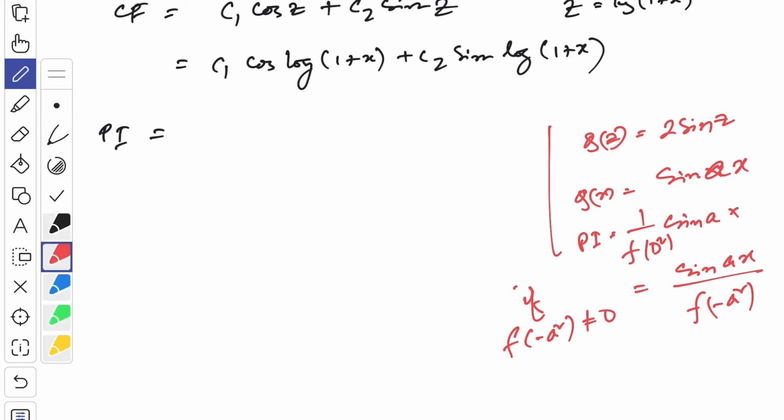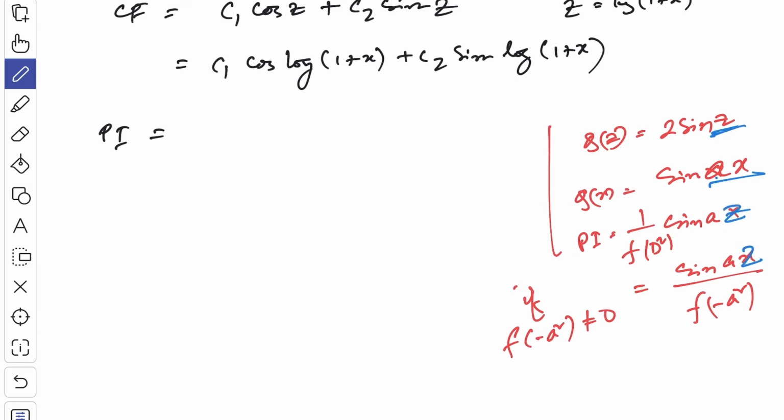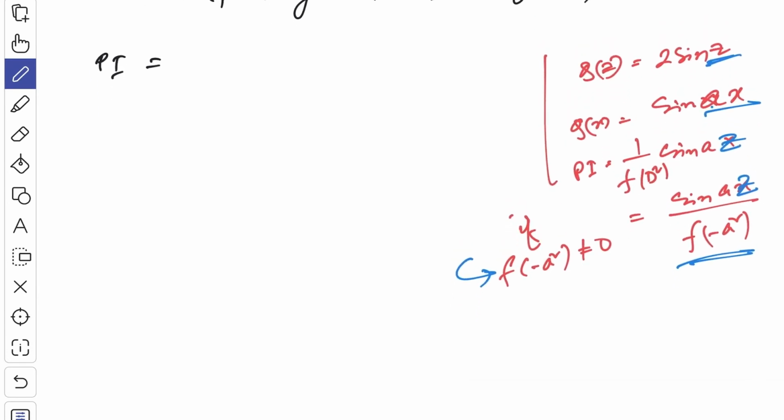Only this case is possible. Now here, instead of sine ax we have sine az, so x should be replaced by z. That is the only difference, so remember that. This result is possible if f of minus a square is not equal to 0.